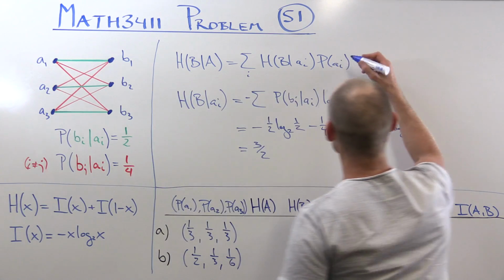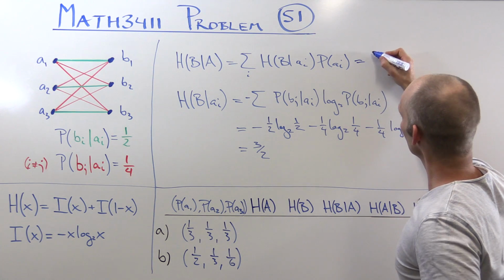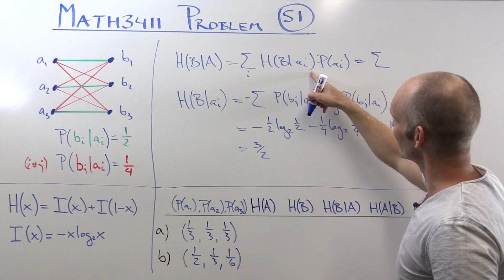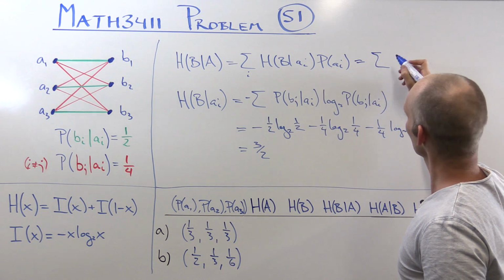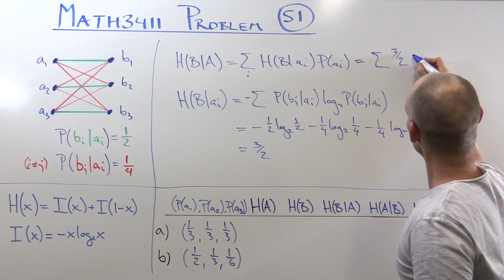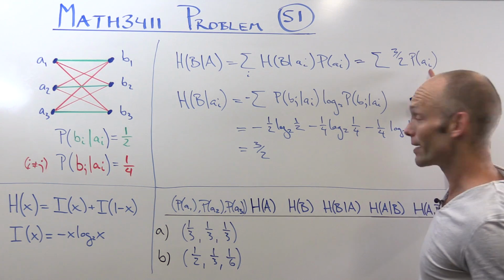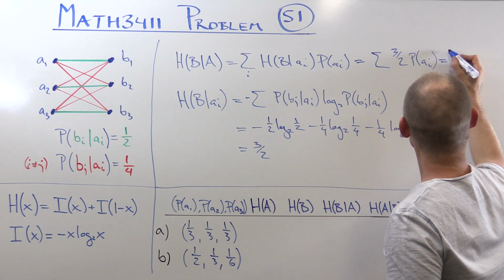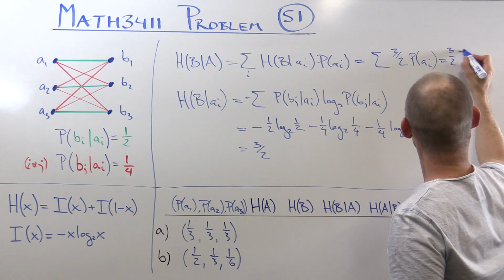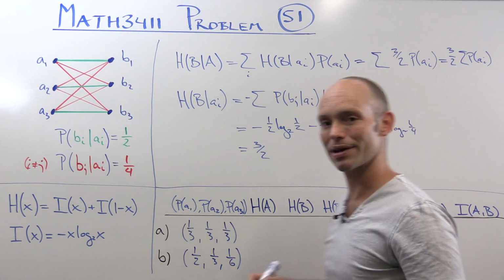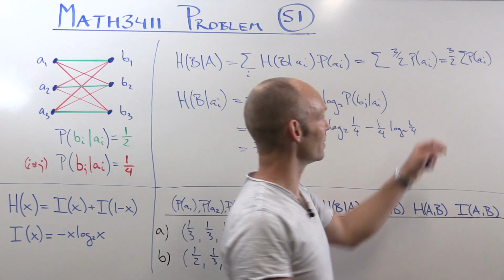So if we insert this up here, then we have that this conditional entropy there is just 3 halves, and then we have the probabilities of Ai there, and that's equal to 3 halves times the sum of probabilities of Ai, which of course has to add up to 1, regardless of what they are.